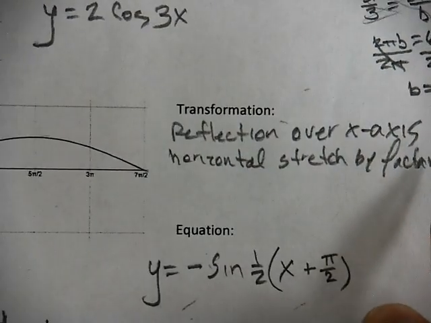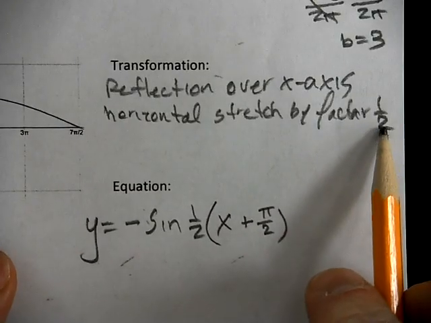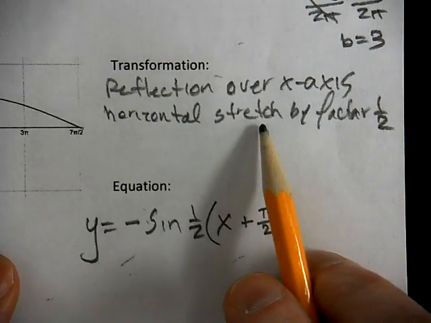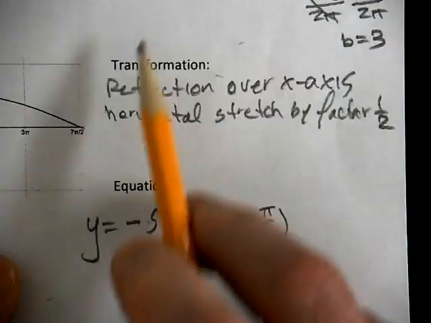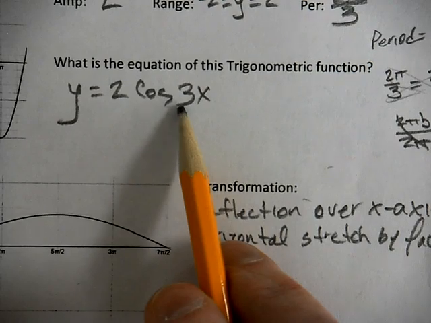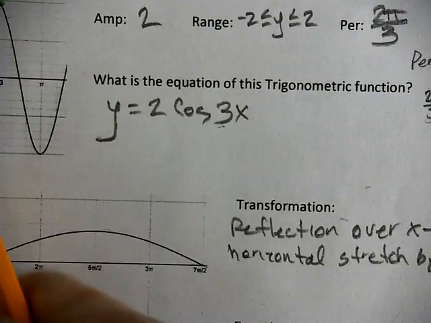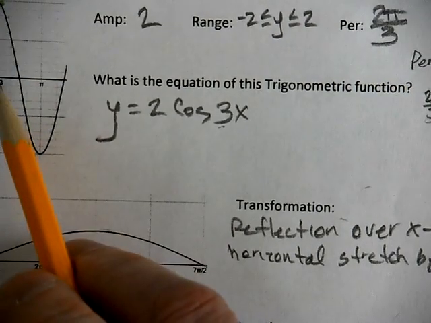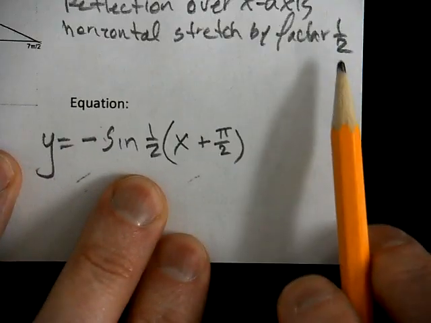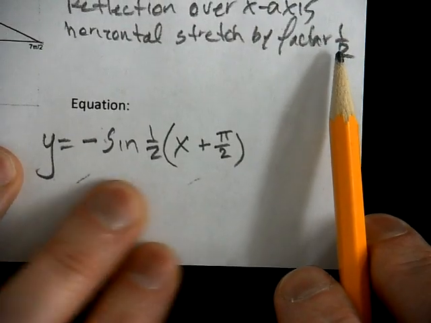Since the b value is less than 1, it's going to be a stretch. If the b value was greater than 1, it would be a shrink. You see that it goes through the whole period in less than 2 pi. This is doing the whole period in way over 2 pi.